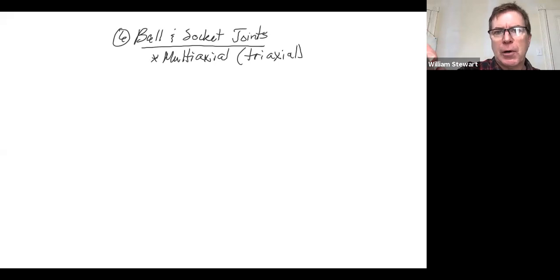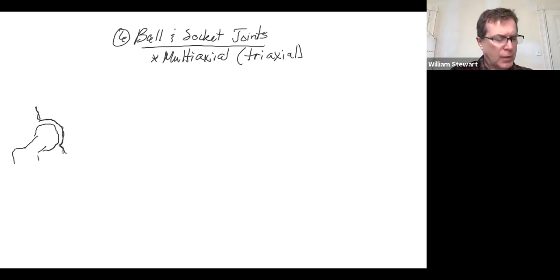You know what a ball and socket joint is, some sort of ball head-like projection. I'm just going to draw the femur, the head of the femur here, fitting into the socket, the acetabulum of the hip, of the ilium, ischium area of the hip there. So the ball projection fits into a cup depression of the socket.